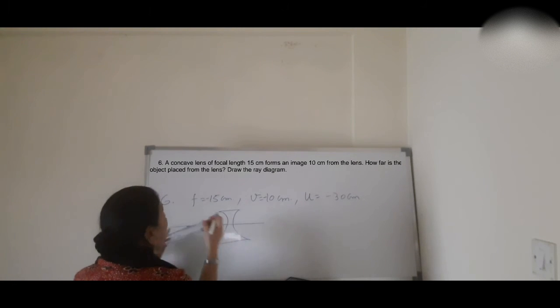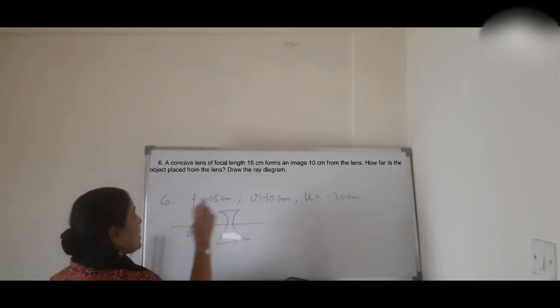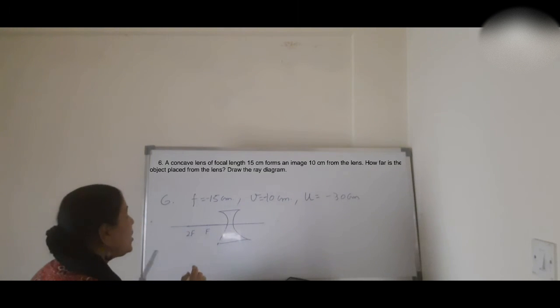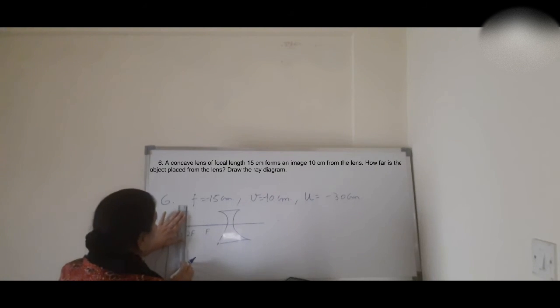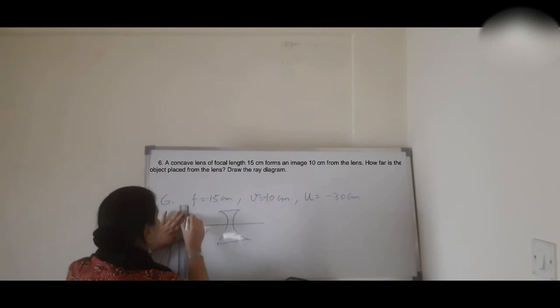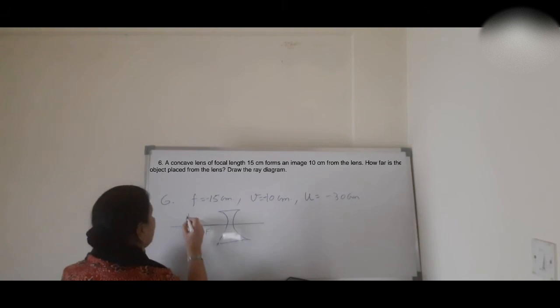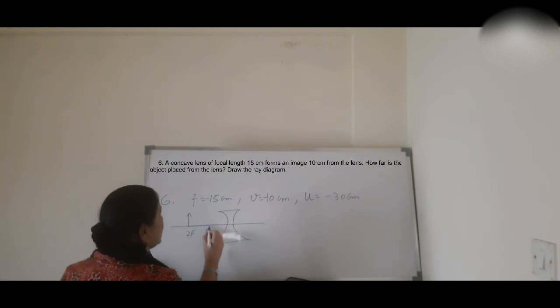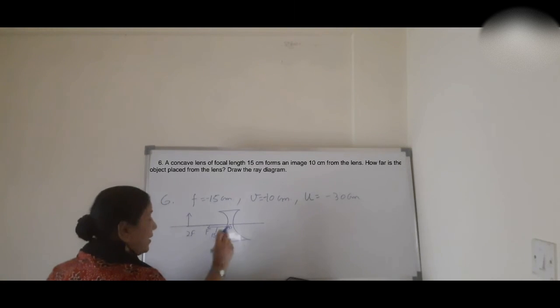So f was minus 15, u was minus 30, which means the object is placed at the center of curvature only. Why? Because from O to this F, the distance is given to you as 15 centimeter. That's how you're going to write it in the diagram also.